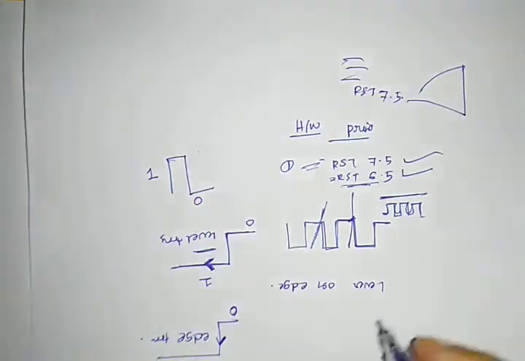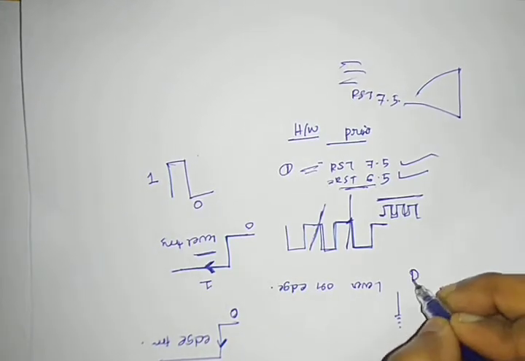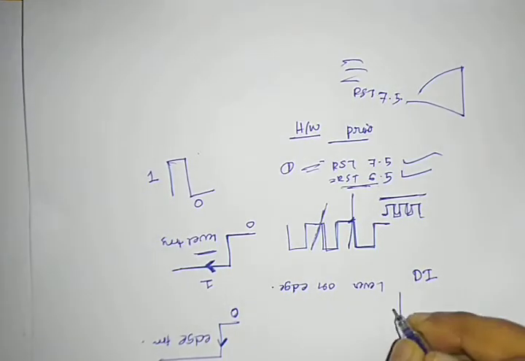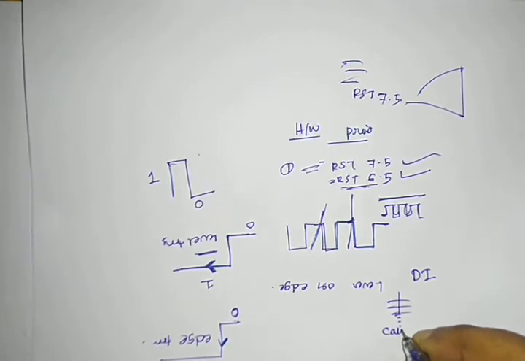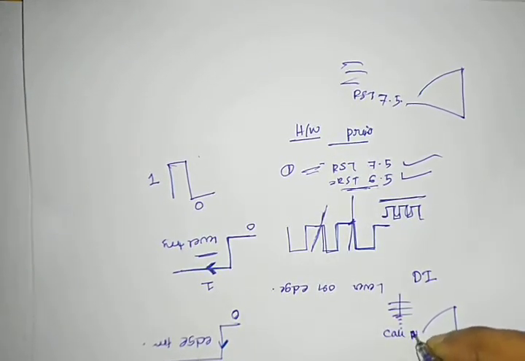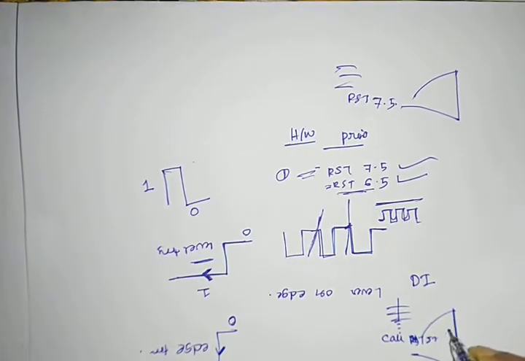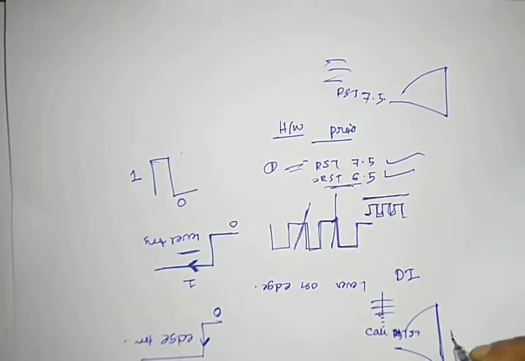Second, when one interrupt is being performed, all the others are disabled. Suppose this was my program, call S1, this is subroutine 1. Suppose RST 7.5 has occurred now, so this will get performed and come back. In the meantime, all the others are disabled.